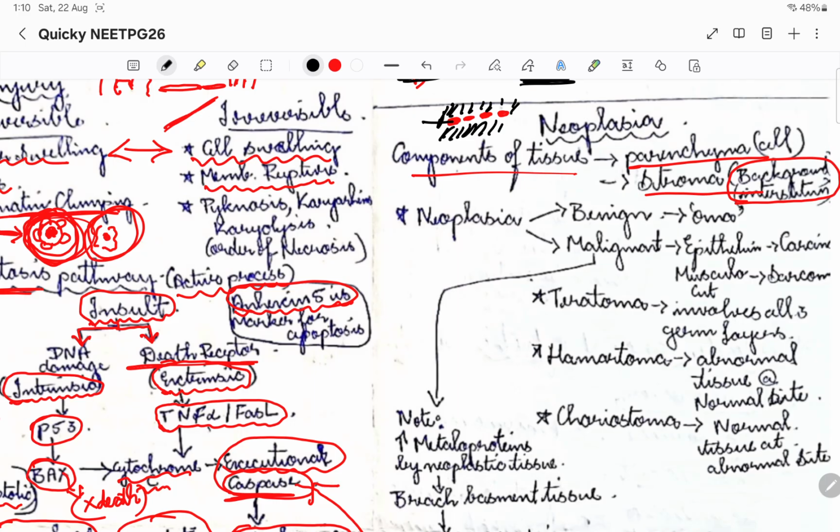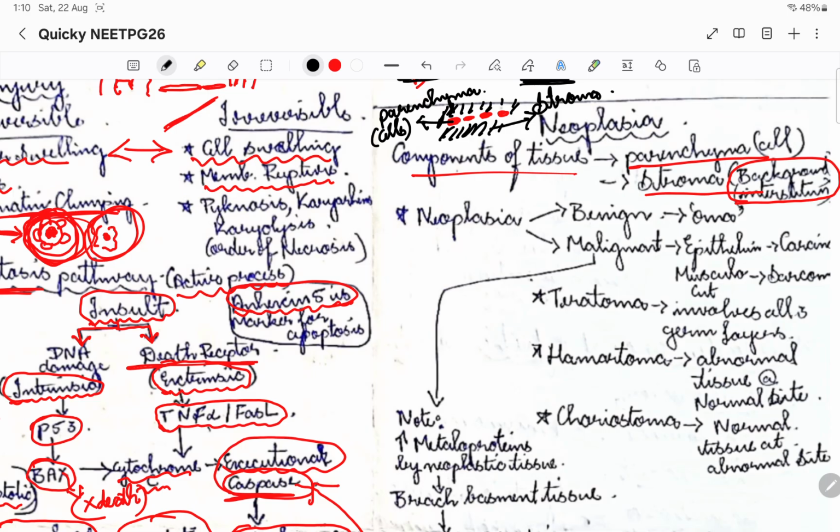Cells are also called parenchyma. I want you to remember this nomenclature. Whenever I say parenchyma, I am mentioning cells. Around that is the stroma.